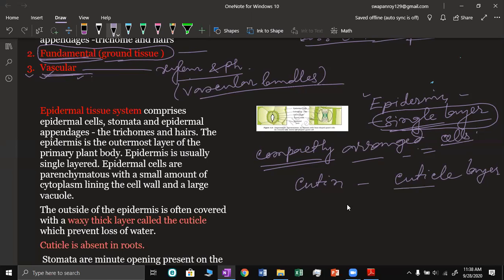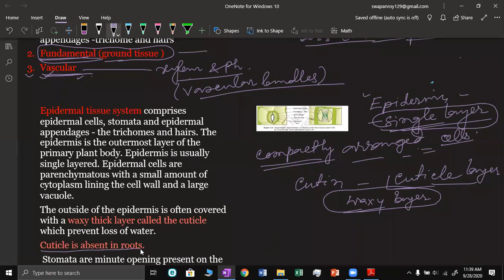This is actually a waxy layer, and it prevents the loss of water from the plant body. This cuticle is present in the shoot system but absent in the root.